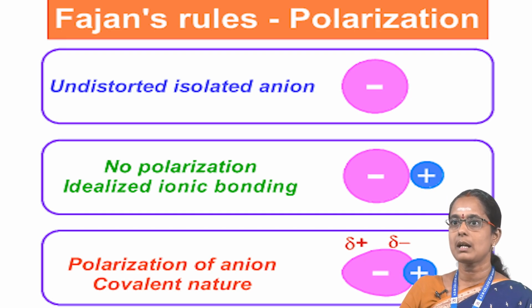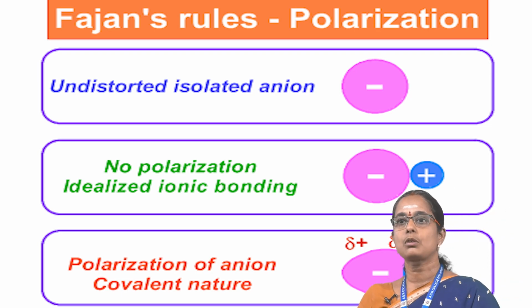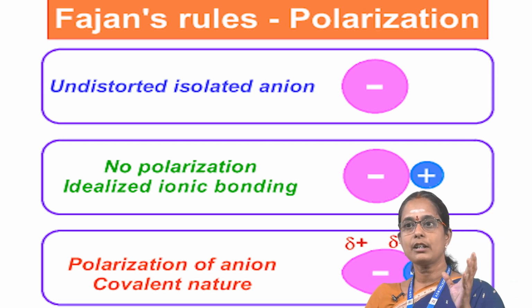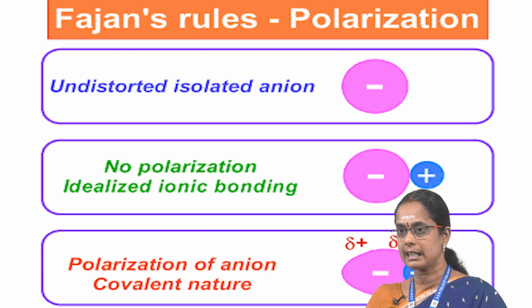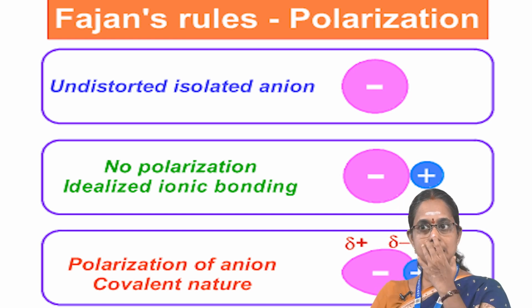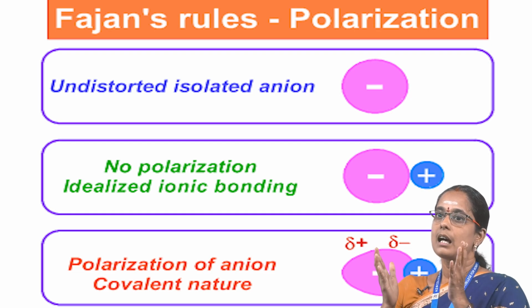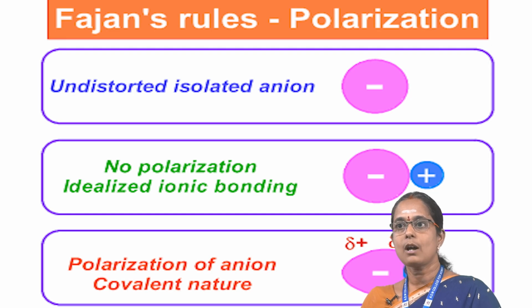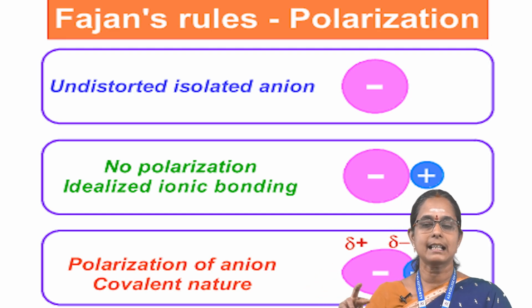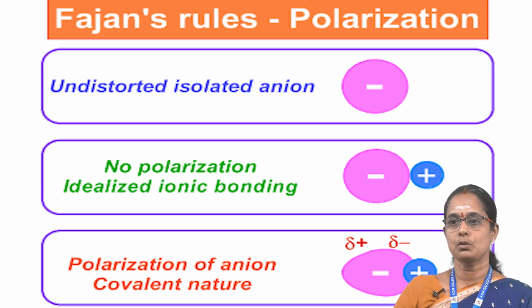Let us see another example, calcium fluoride and calcium chloride. The melting point of calcium fluoride is 1329 degree centigrade, but for calcium chloride it is 772 degree centigrade, because the ionic size of chlorine is greater than that of fluorine, because the atomic number of Cl minus is more than that of fluorine.